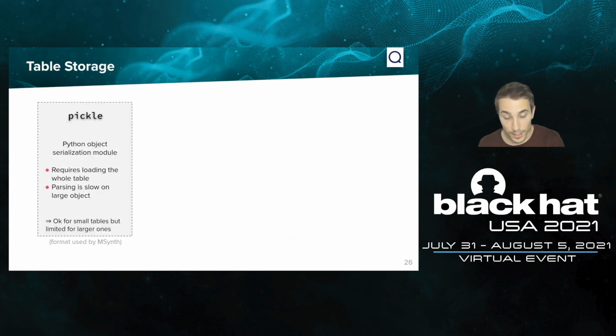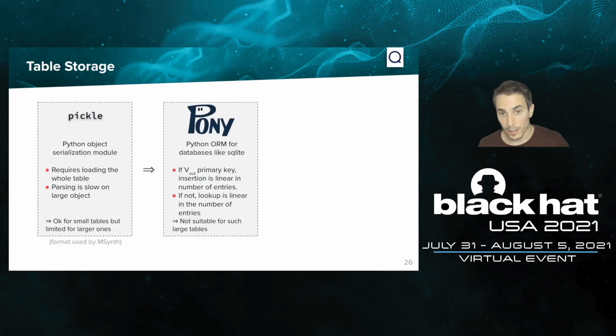Where do we store them? At the beginning, we were using pickle files 1 year ago, but it only works for like 1 million entries because it takes time to deserialize a pickle object, so it was not sufficient.